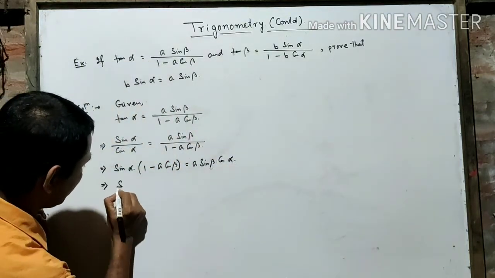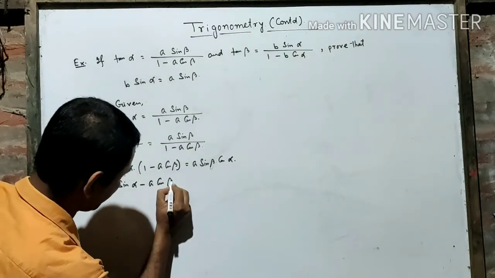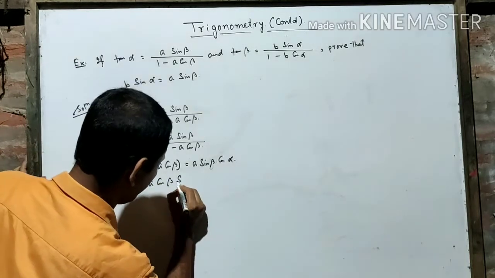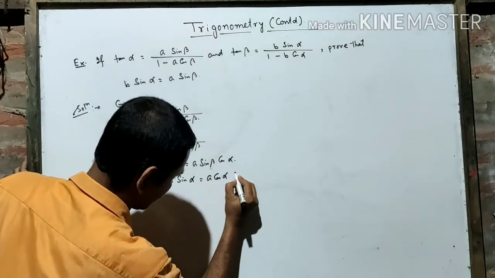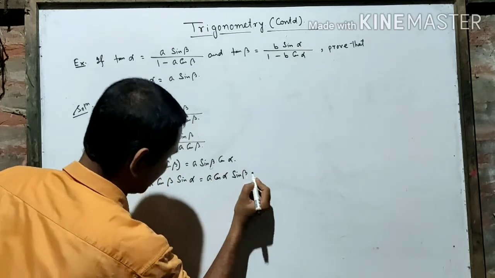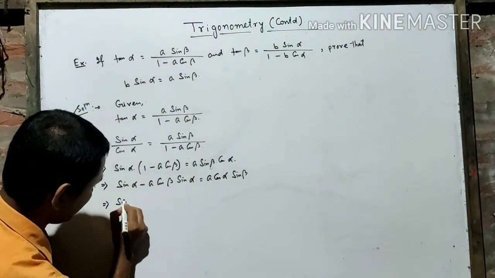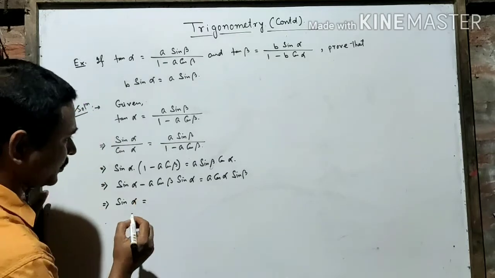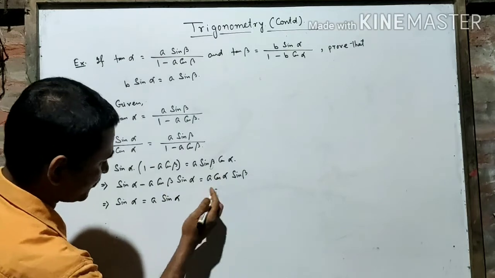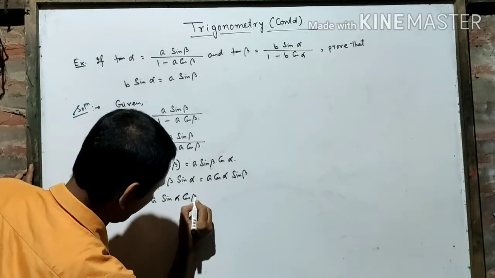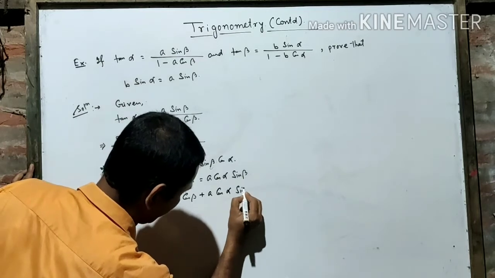This gives sin alpha minus a cos beta sin alpha is equal to a cos alpha sin beta. Okay, this implies sin alpha is equal to a sin alpha, this part is brought to that side, cos beta plus a cos alpha sin beta.